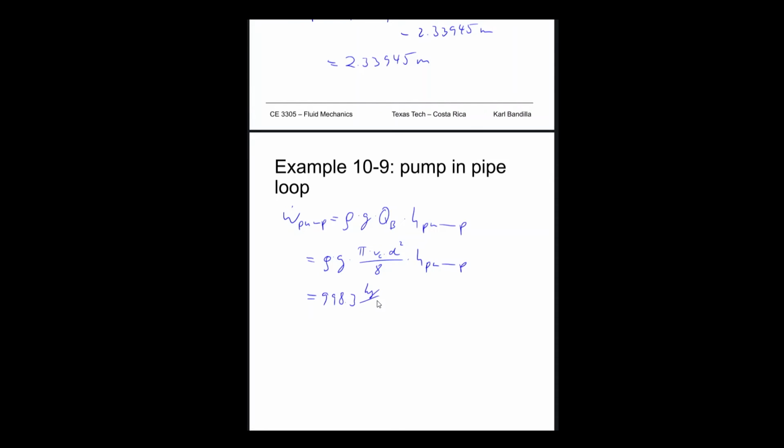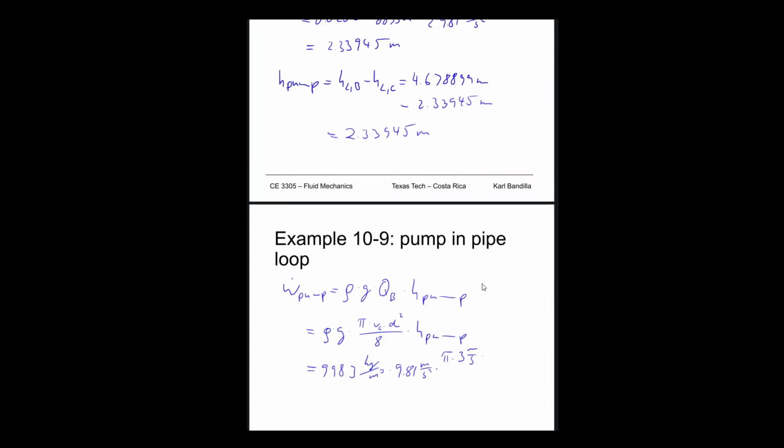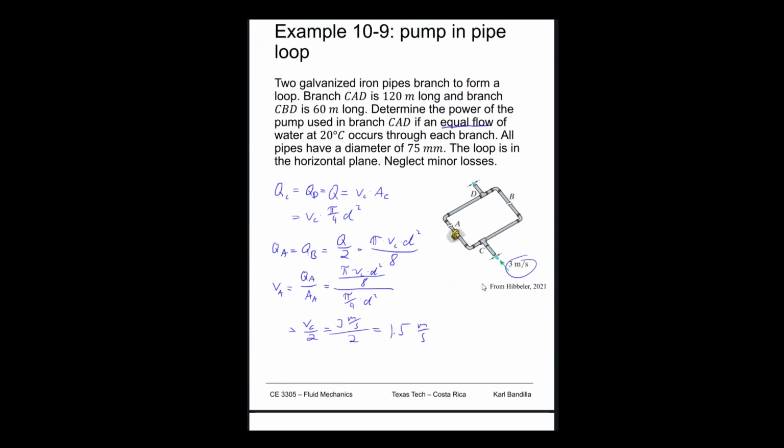998.3 kilograms per cubic meter times 9.81 meters per second squared times pi, let's go a little closer here, pi times VC was 3 meters per second times VC. Right here.